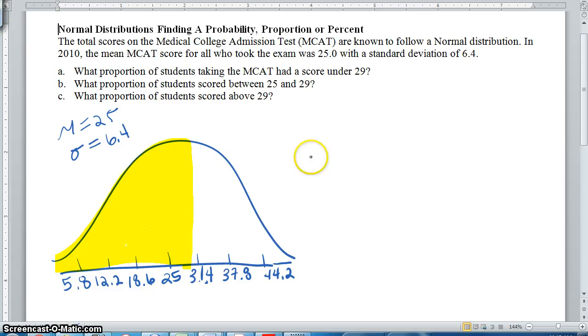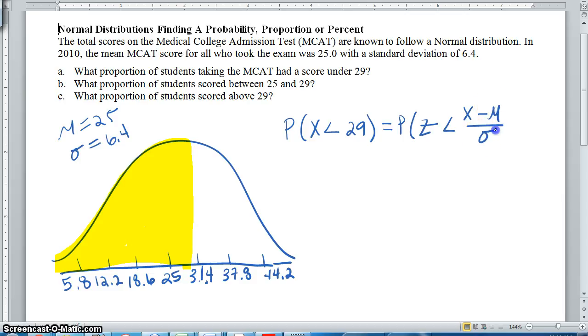Now, if I want to calculate this, I have to get a z-score. So I want to find the probability, or the proportion, that x, my MCAT scores, is less than 29. This is equal to the probability that z is less than whatever I calculate from my z-score, which is equal to x minus mu over sigma.